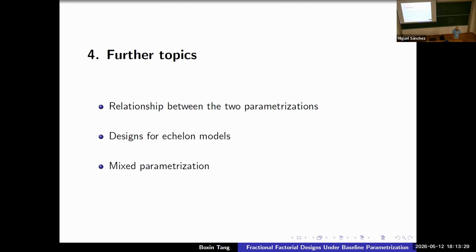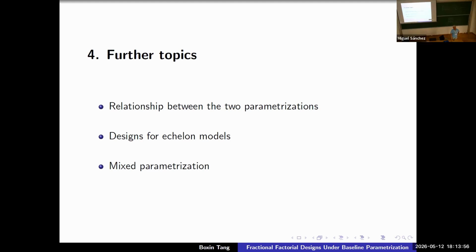Anyway, the theory and the results can be generalized to echelon models. Recently, we also did some work on mixed parameterization. One can argue that it is not reasonable for all the factors to be under baseline parameterization, so it should not be an either-or approach.